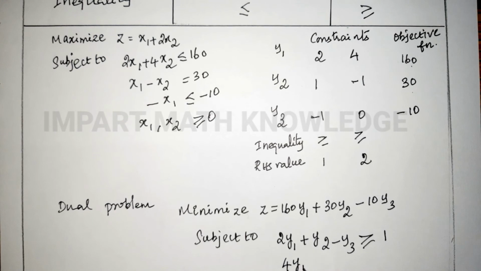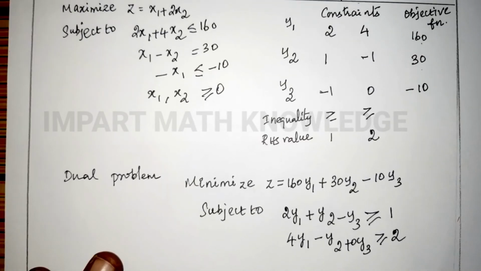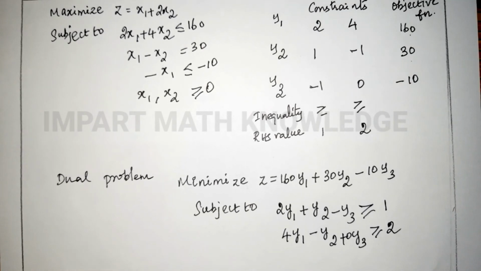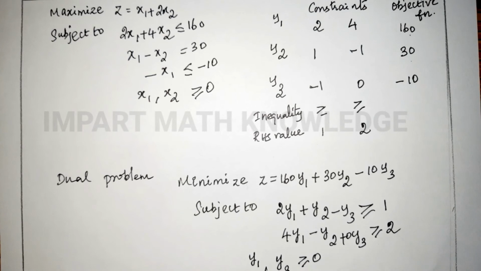That is 4y1 minus y2 plus 0 into y3 greater than or equal to 2. Non-negativity condition is you have three variables y1, y2, y3. From these three variables, y1 and y3 greater than or equal to 0.